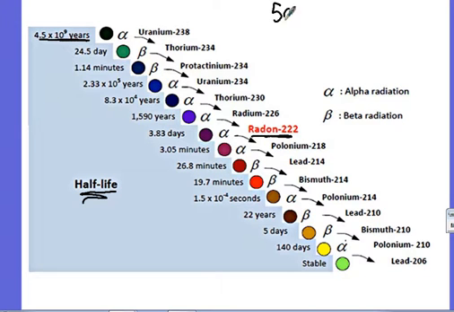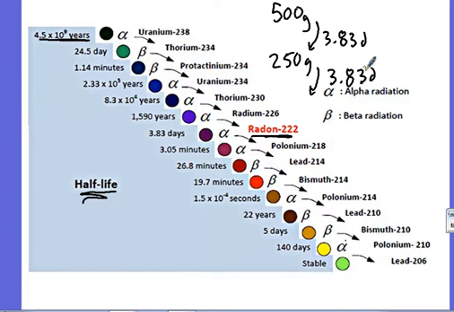So if I start with 500 grams of radon-222, after 3.83 days, I'm going to have 250 grams remaining. After another 3.83 days, I'm now going to have 125 grams remaining, and on it goes. So half-life is the amount of time it takes for half of my sample to transmute into something else.